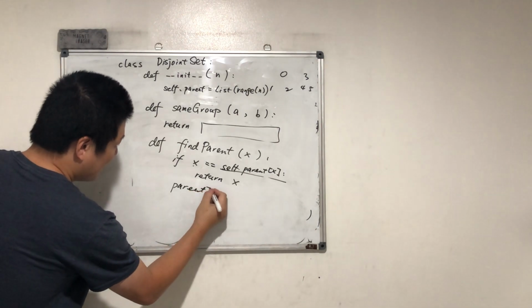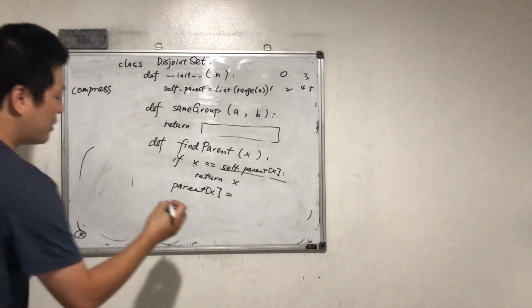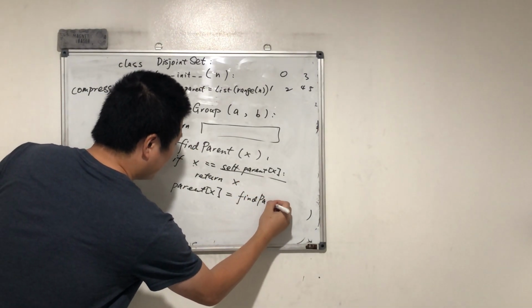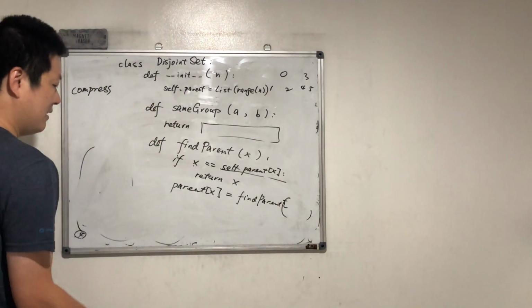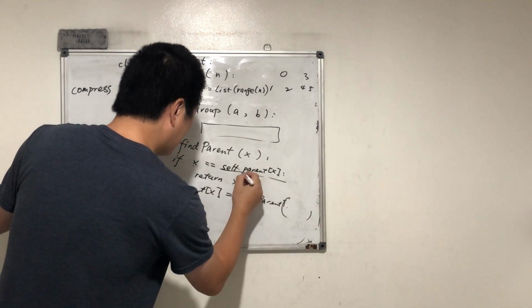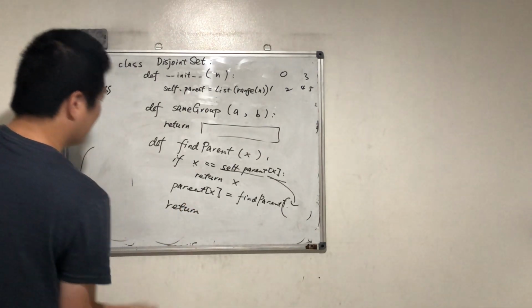So parent x equals what? Equals find parent, parent x. And then return. Return what?